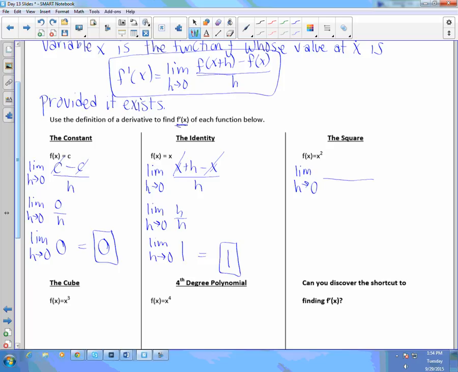So what am I going to plug in for the x? It's going to be x plus h, in parentheses, all squared, because it was x squared and then we replace the x with x plus h. Minus, what comes next? The original, good, x squared, all over h.